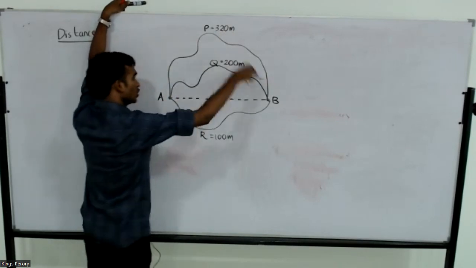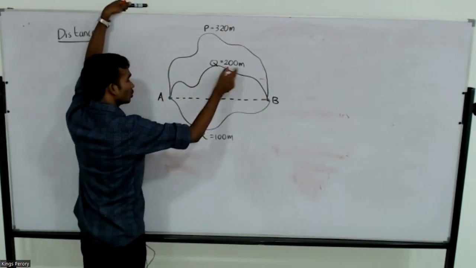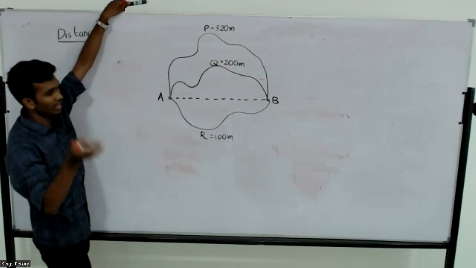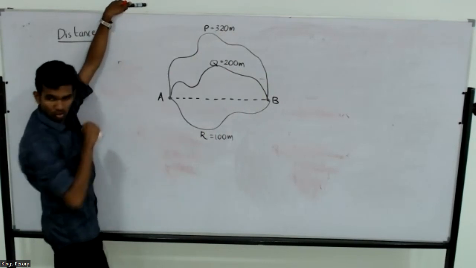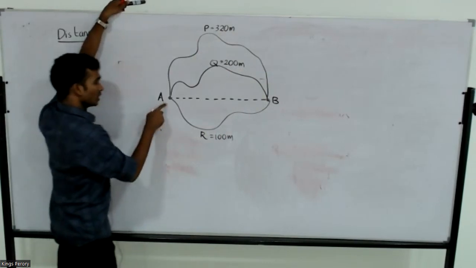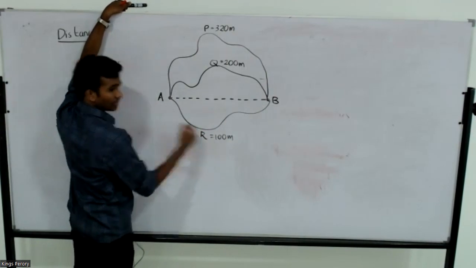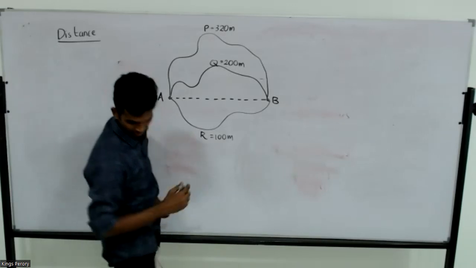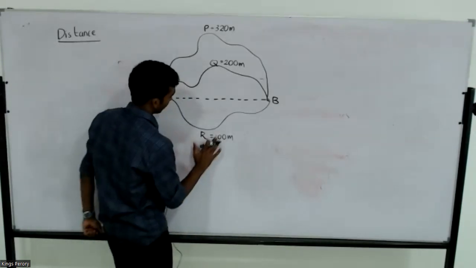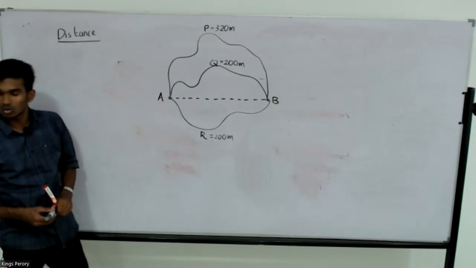If you go in Q path from A to B, how much length are you covering? 200 meters. Then the distance from A to B in Q path is 200 meters. If you travel in R path, you are covering 100 meters length, then we'll make it 200. What's given to you? 200. We'll make it 200. You are covering 200 meters length, then you say distance is 200 meters.